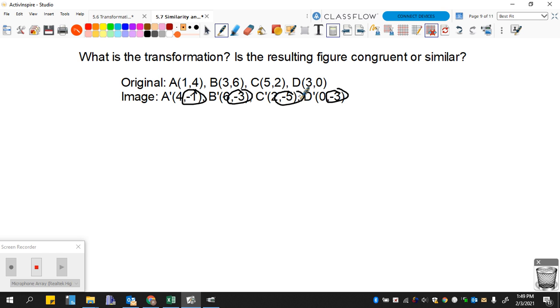So the rotation that says you multiply each x coordinate by -1, then switch the x and the y coordinates, is a 90-degree clockwise rotation. All right, and once again, they stay congruent.